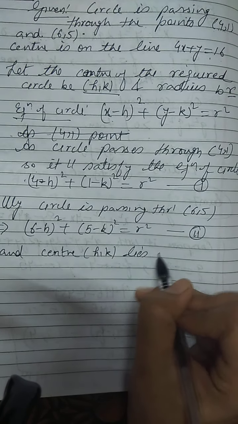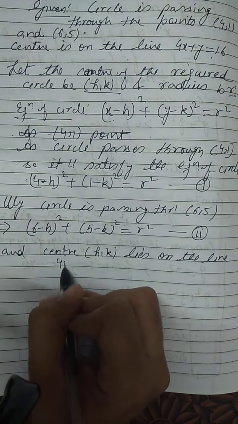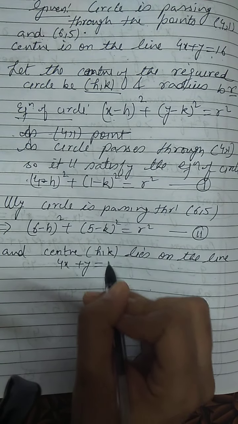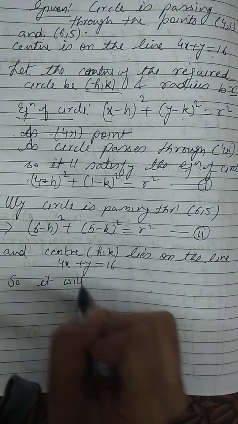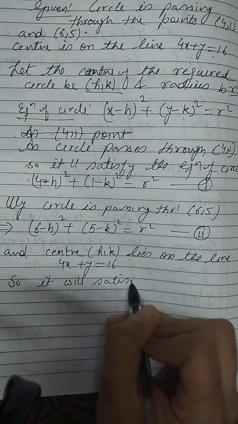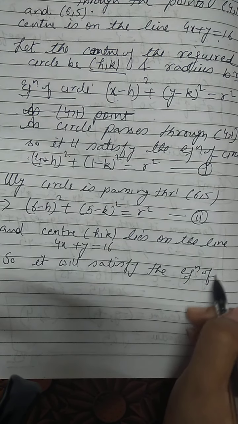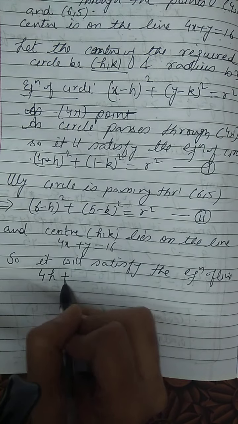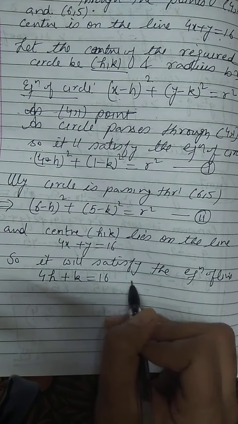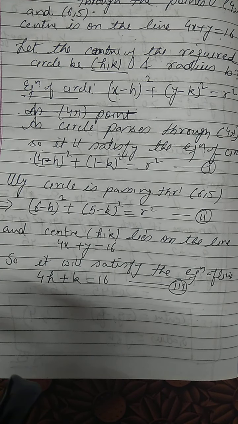It lies on the line. What is the line given? 4x plus y equals 16. So it will satisfy the equation of line, and we will get 4h plus k equals 16. We will mark it as equation number 3.